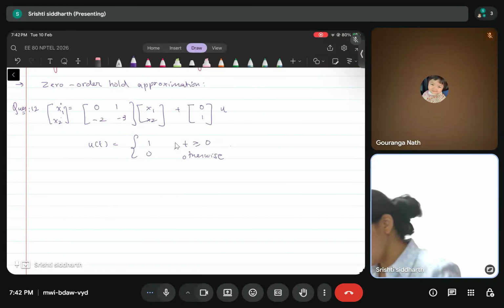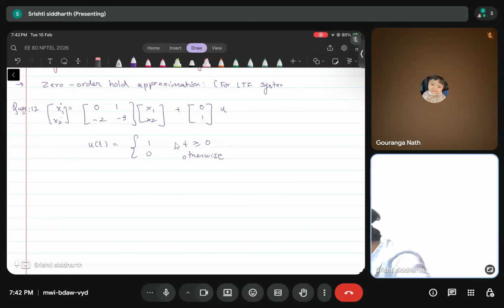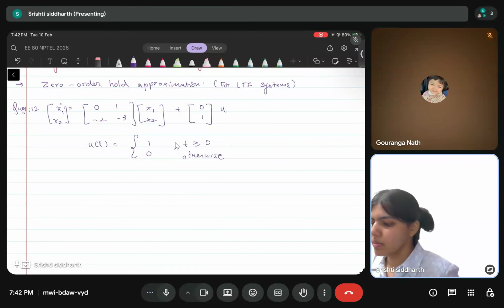This is only for LTI systems. However, Euler's method was for any nonlinear system, x dot equals f of x and u.